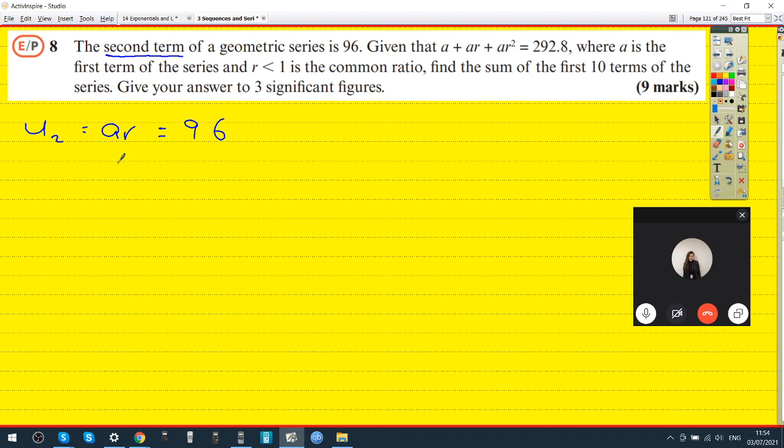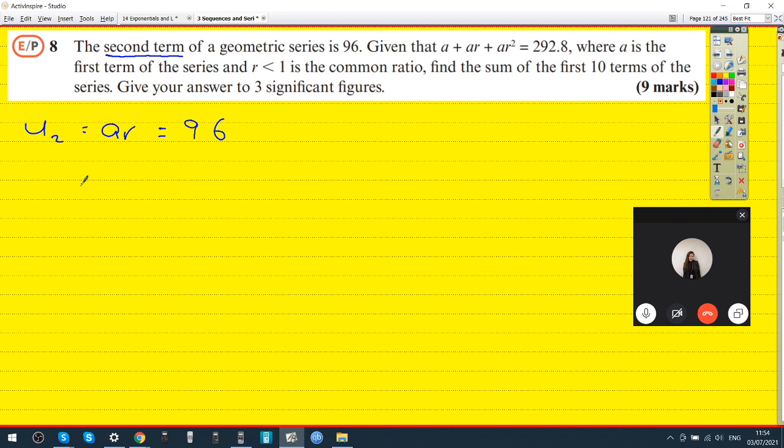What is next? And then do we need to solve for A with A plus AR plus AR squared equals 292.8? You could try. What could you do?